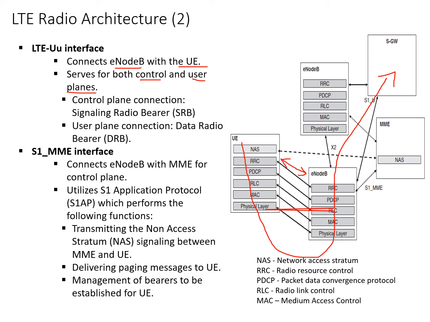Control data is passed this way. The control plane connection is the signaling radio bearer.